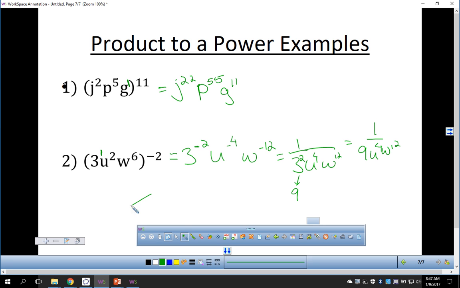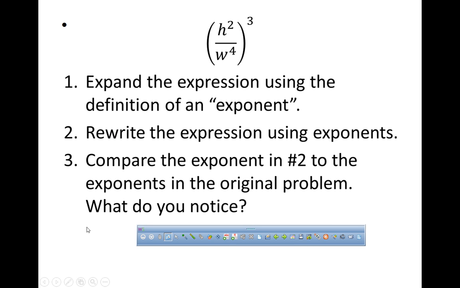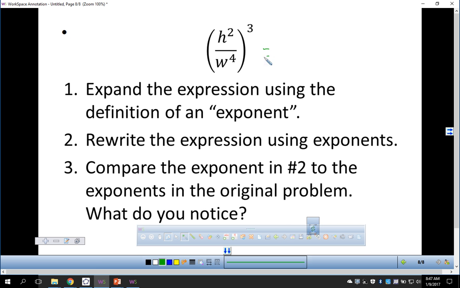All right. Moving on to the next rule. Who wants to guess what this is? Anyone want to guess what the answer to this one is without expanding it? Well, this means h squared over w to the 4th times h squared over w to the 4th times h squared over w to the 4th.